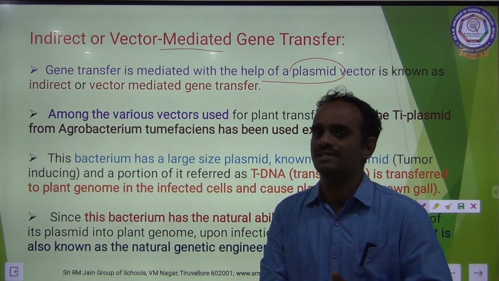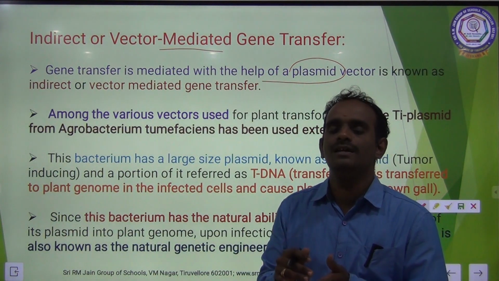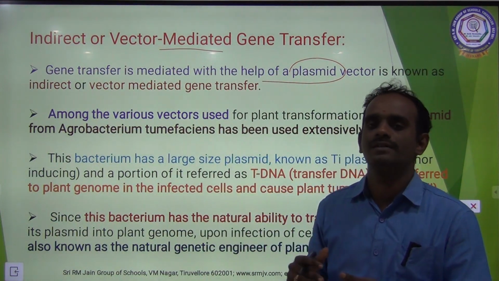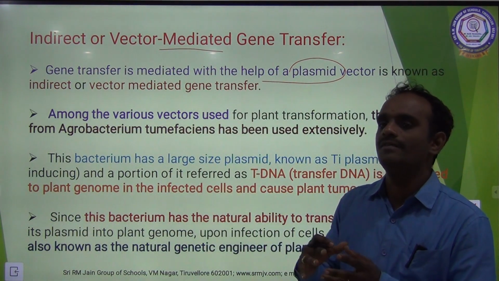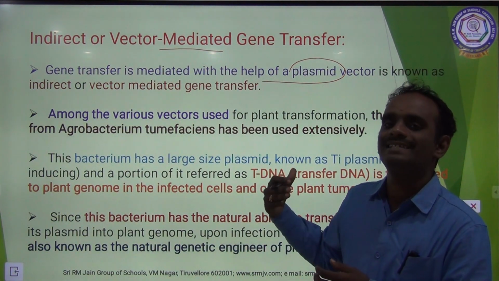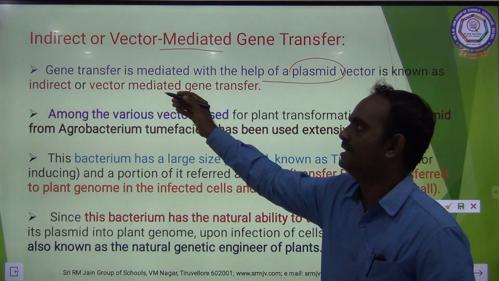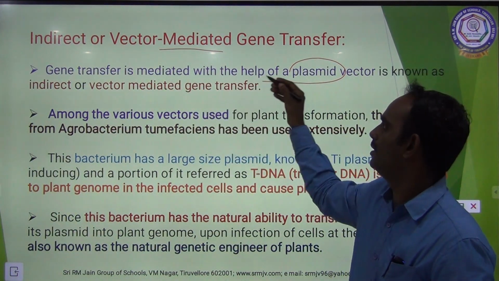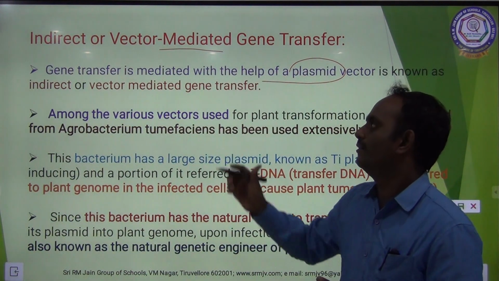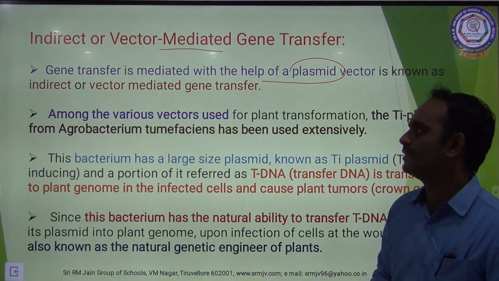Plasmid is nothing but an extra chromosomal circular double stranded self replicating DNA particle. So plasmid acts as a vector. Gene transfer mediated with the help of plasmid is known as indirect or vector mediated gene transfer.